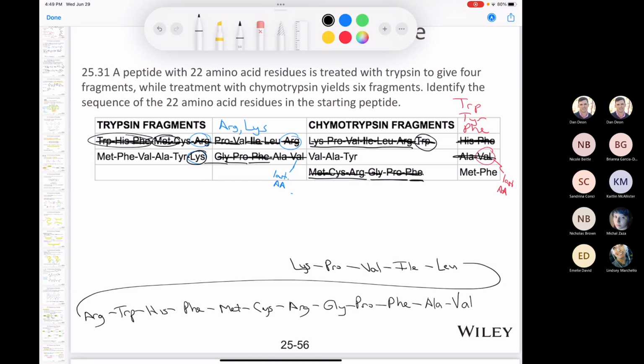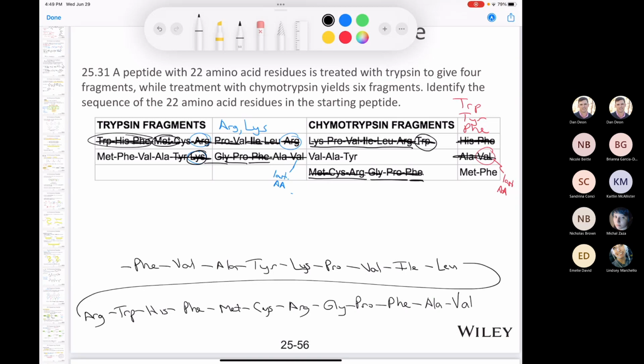So we have lysine, tyrosine, so let's write that in. So lysine, yeah, that's this one here. So we have proline, lysine. Yeah. Then we have tyrosine. That's this one. Then we have alanine. Then we have valine. Then we have phenylalanine.